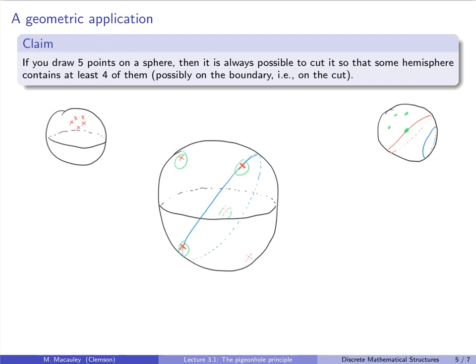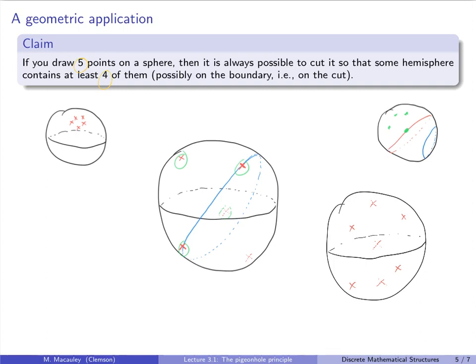Finally, I want to mention that you could probably see how to generalize this. Instead of 5 points on a sphere and a hemisphere containing at least 4 of them, what if you wanted to put 7 points on a sphere? Let's do the same thing. 1, 2, 3, 4, 5, 6, 7.